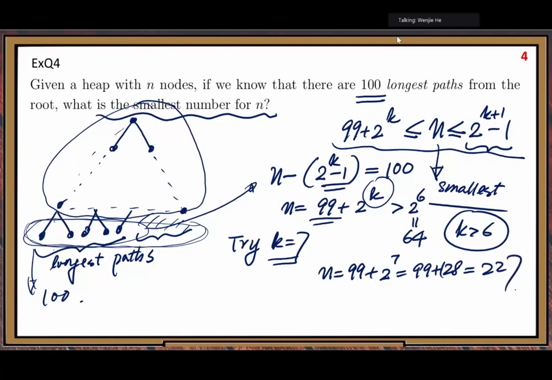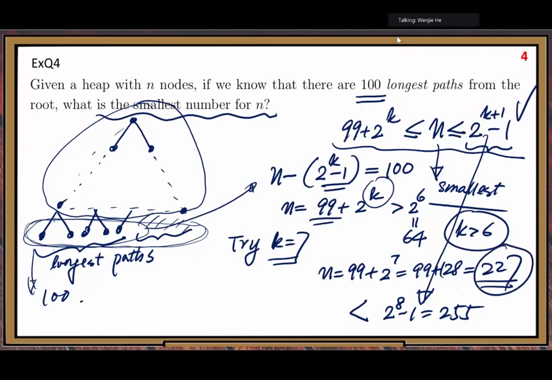So n equals 227, and let's check the upper bound. Upper bound, 2 to the 8th minus 1 equals 255, right? So n is less than 255. So this inequality is satisfied. So the answer is 227.